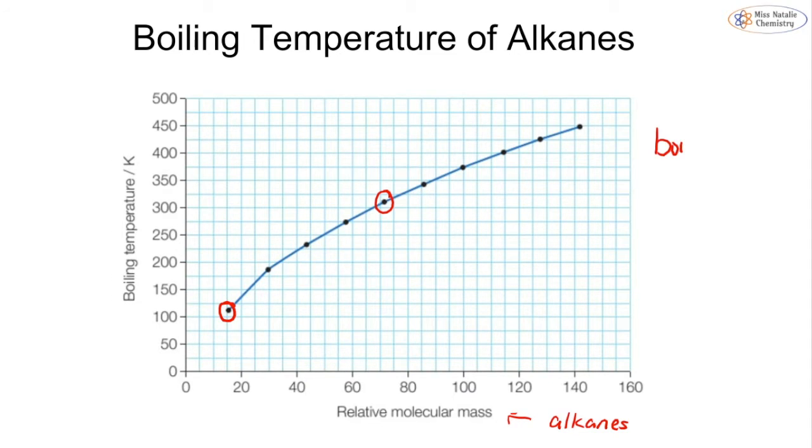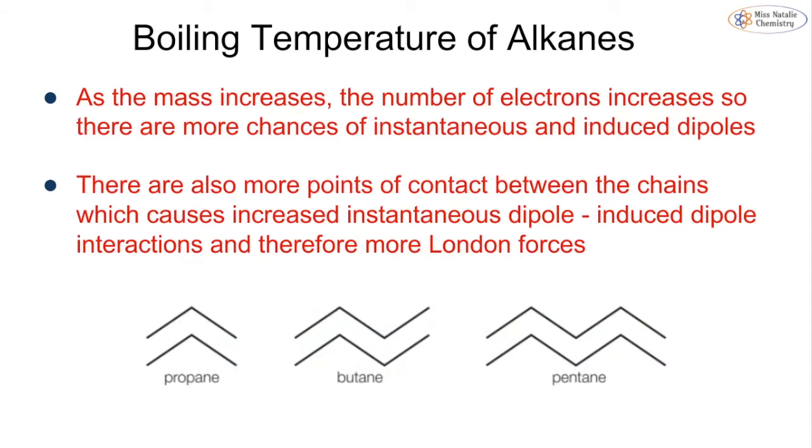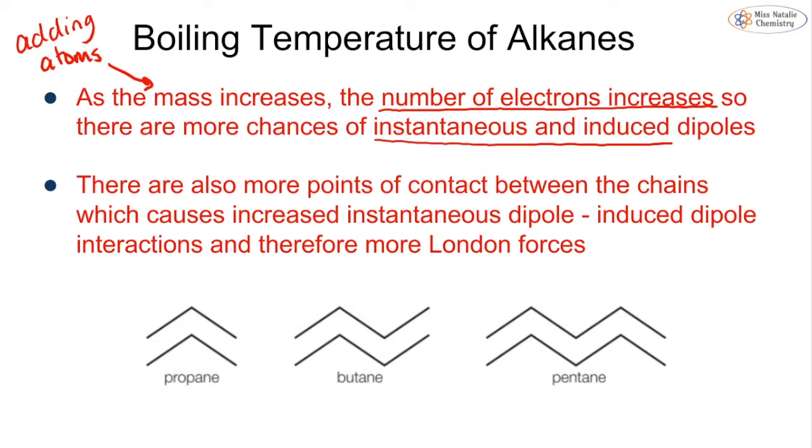So our boiling temperature is increasing. Now the reason behind this is because as the mass increases, your number of electrons is increasing. So remember, as you're adding mass, you're adding atoms. And when you add atoms, you are of course adding electrons. So the more electrons there are, the more chance you get your instantaneous and induced dipoles. So therefore, we're getting more and more London forces.